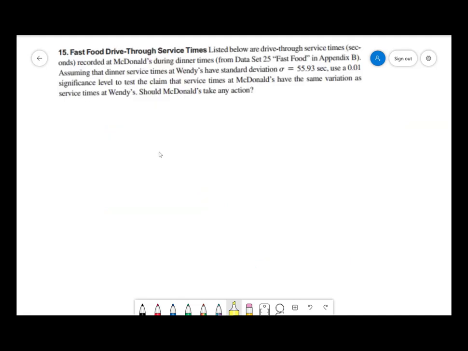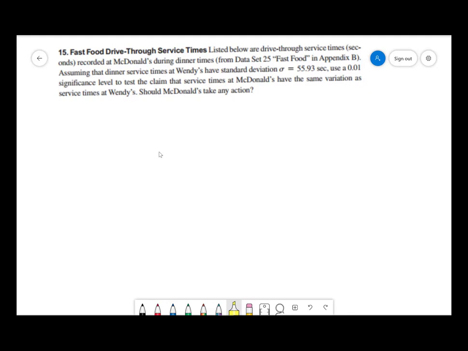Okay, so what we're going to do now is look at number 15, which, if you have the 13th edition, is on page 406. We're going to look at drive-through service time in seconds at McDonald's during dinner times, and also at Wendy's.